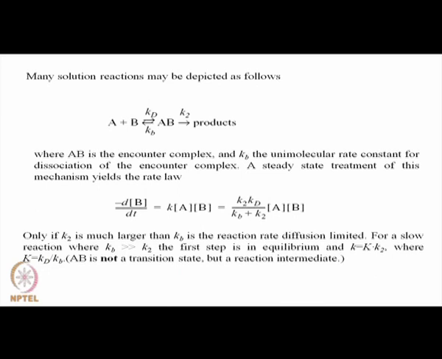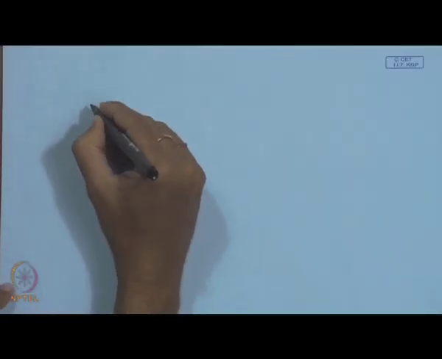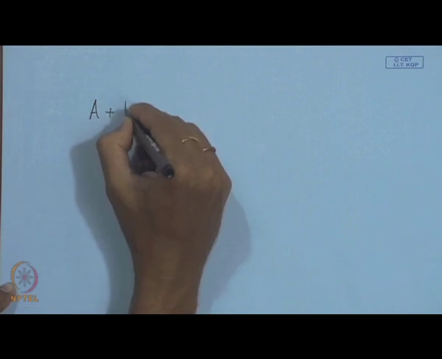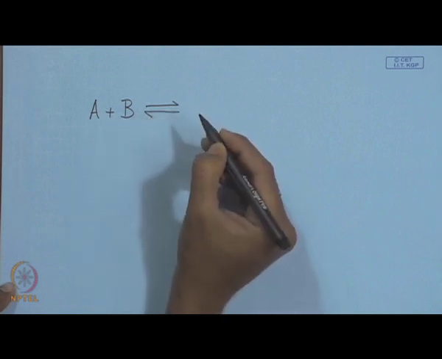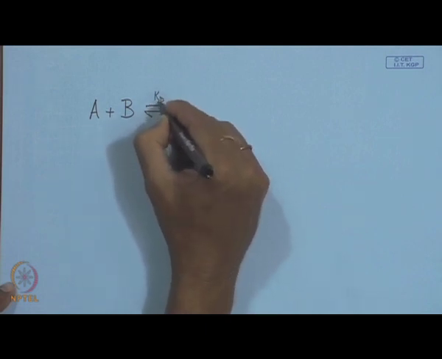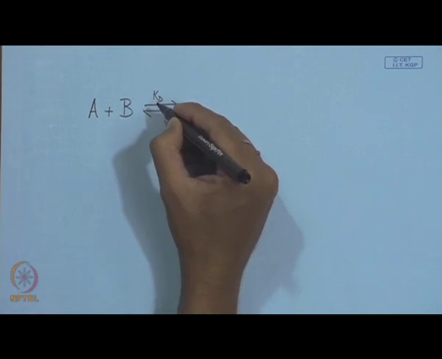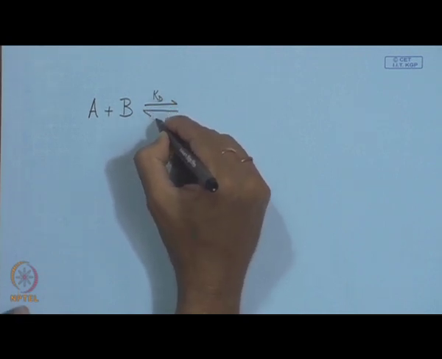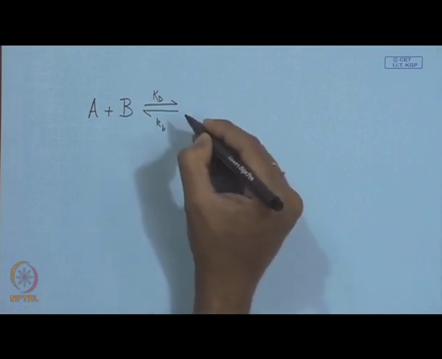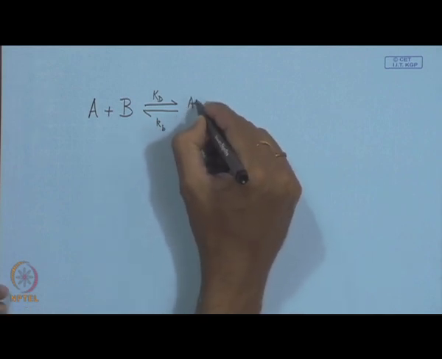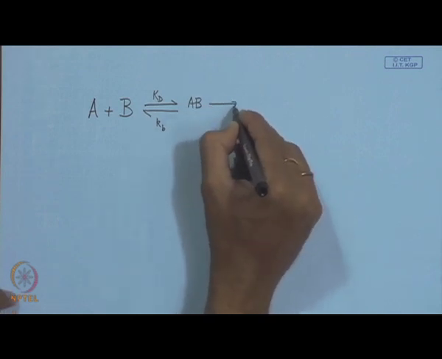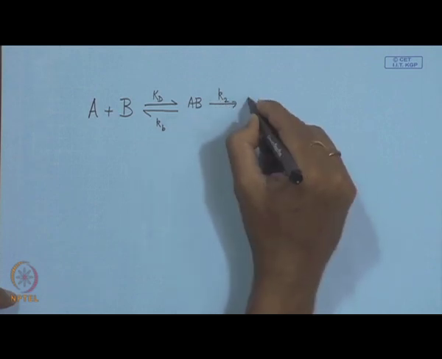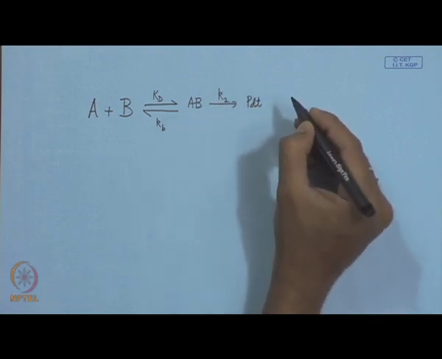That is A plus B in equilibrium with Kd and Kb, giving rise to AB, and then K2 giving products.